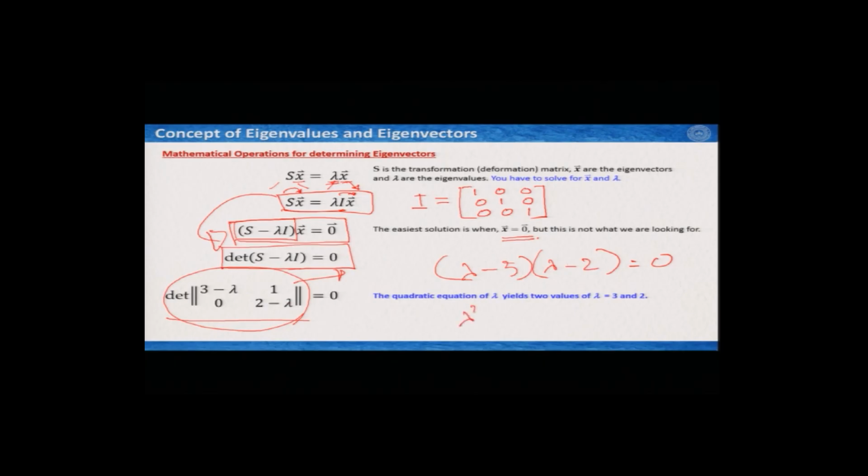Otherwise, you would get the equation in the form of lambda square plus some constant times lambda plus another constant. Let us write it this way: a lambda square, where a is a constant, plus b lambda, plus another constant c, equal to 0.